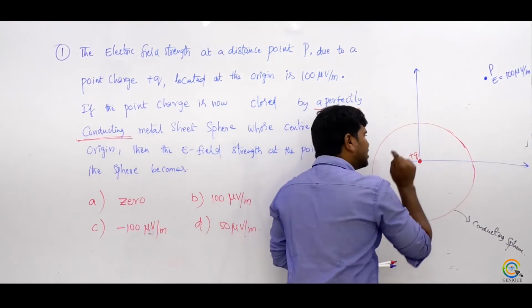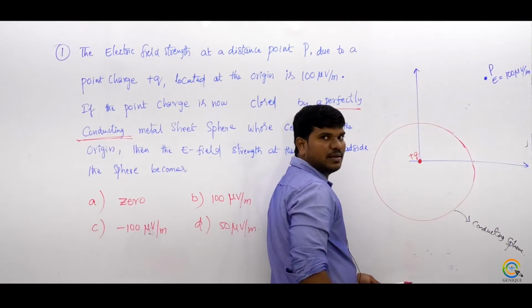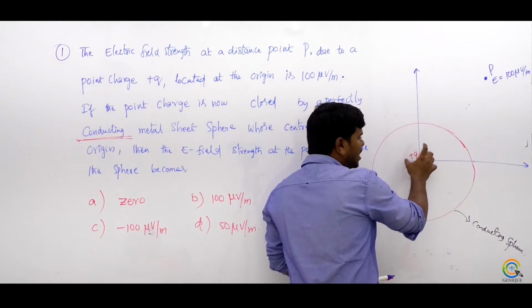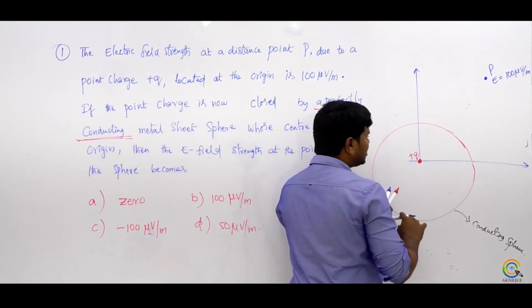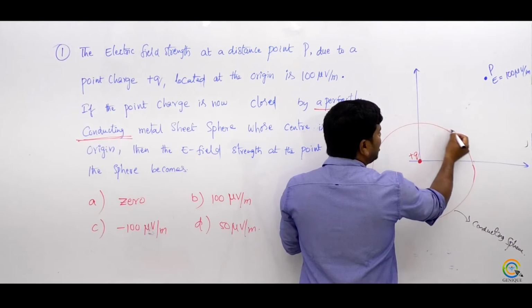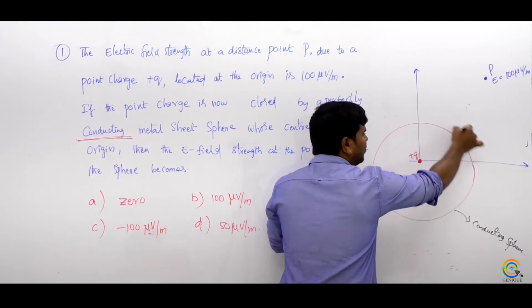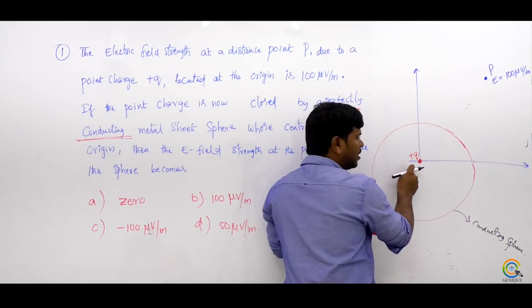Now you have to know one thing. There is a point charge here. Because of this point charge, on the surface the charge particles will be present and they will be conducting.